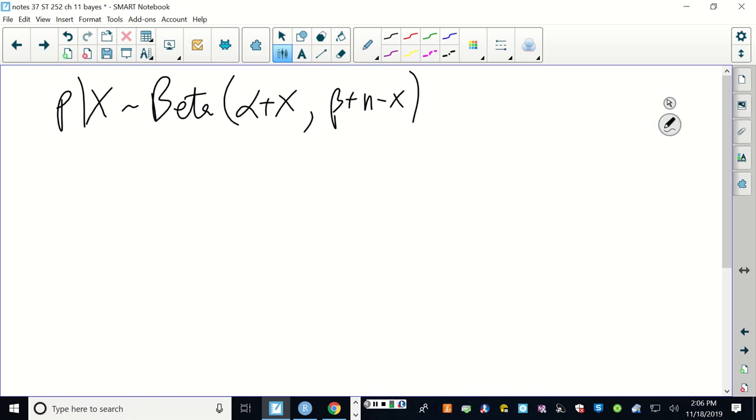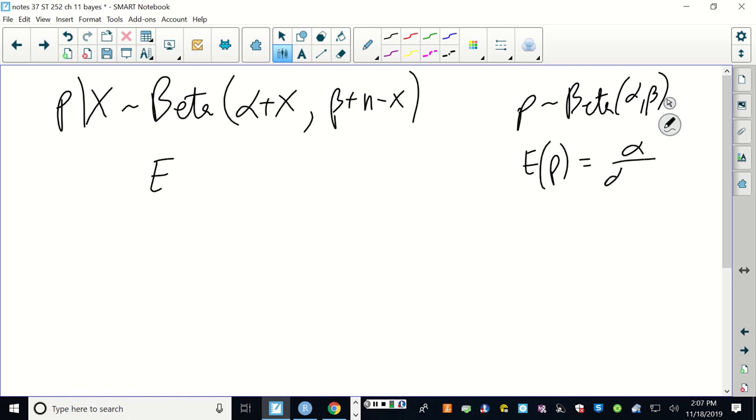So with real numbers, you could then do a calculation of what those things are. We've updated our model, or rather, updated the probability statement. P before was a beta that only had alpha and beta. The expectation of P, which we call the prior expectation before data, is alpha over alpha plus beta.